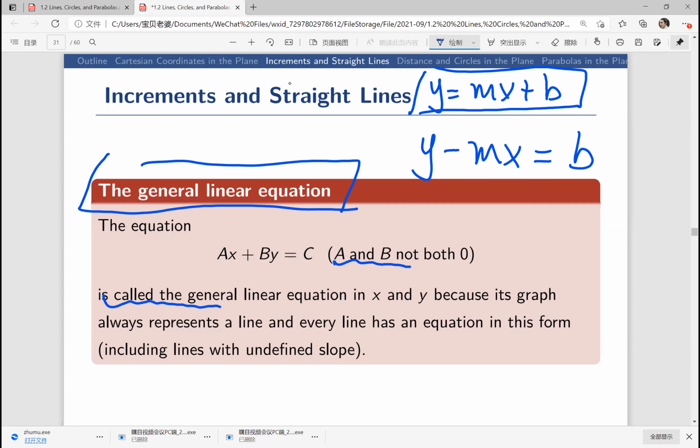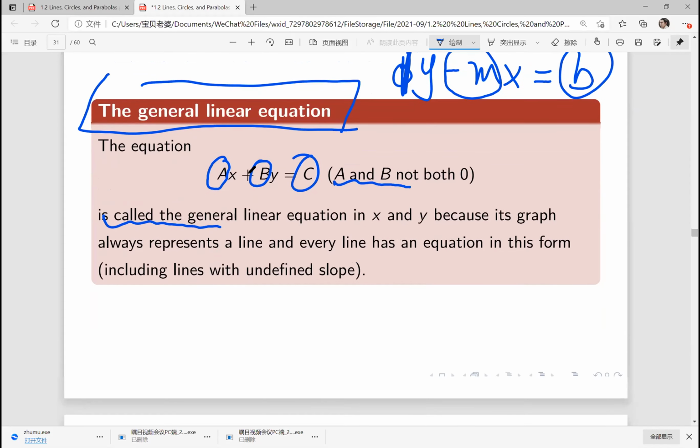So A is equal to negative m in this equation, B is equal to 1, and C is equal to b. Okay, this is the general linear equation. And next, the following examples.